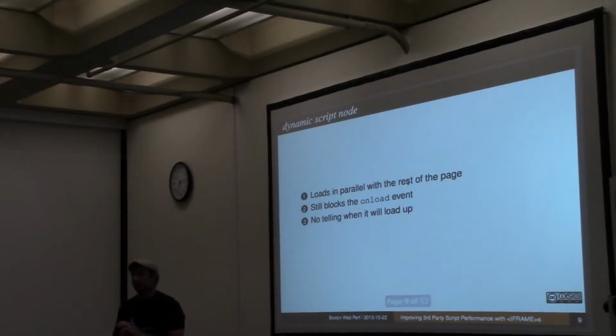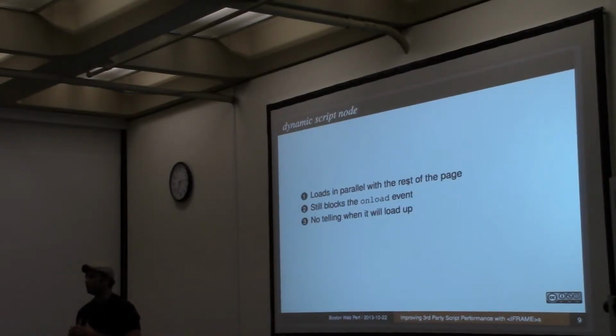The problem is, because it loads in parallel with the page, nothing on the page can reference that JavaScript until it knows for a fact that the script has loaded. Which means you will have to wait for that script to load and then execute your JavaScript. Or you need to figure out some kind of tricks, because there's no telling when it's going to load. And secondly, it's still going to block the onload event.